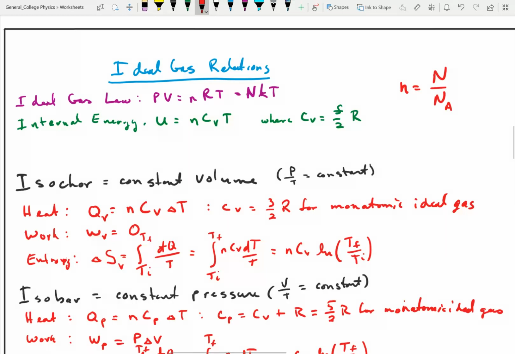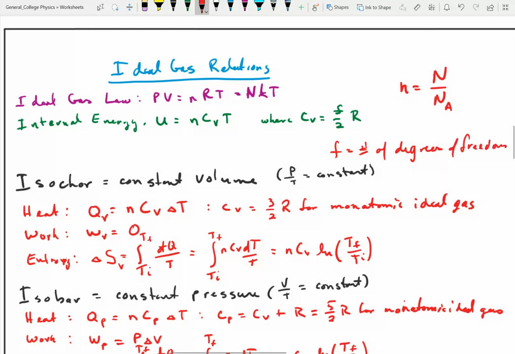CV is the molar specific heat capacity at constant volume, which for any ideal gas, well, I say for any, it's always f over 2 R, where f equals the number of degrees of freedom.